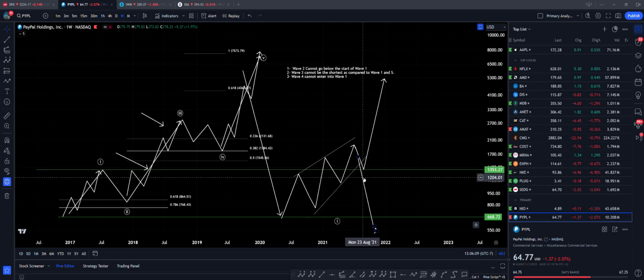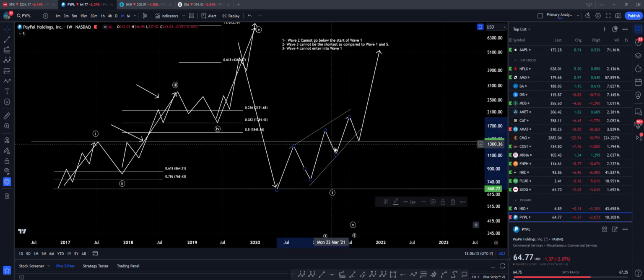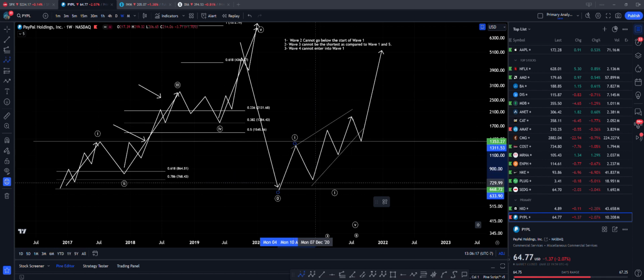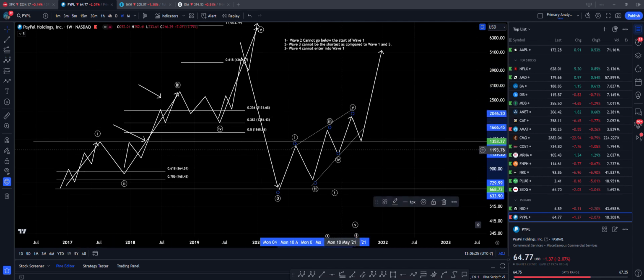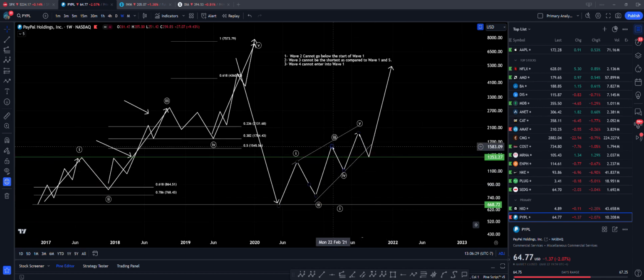So this is where leading diagonal was introduced as an exception, where this wave 4 basically is overlapping with wave 1. If you see here, like I said, it's a rule. It should not be broken in a normal impulse. But here you see wave 4 is entering into the wave 1 territory, right?